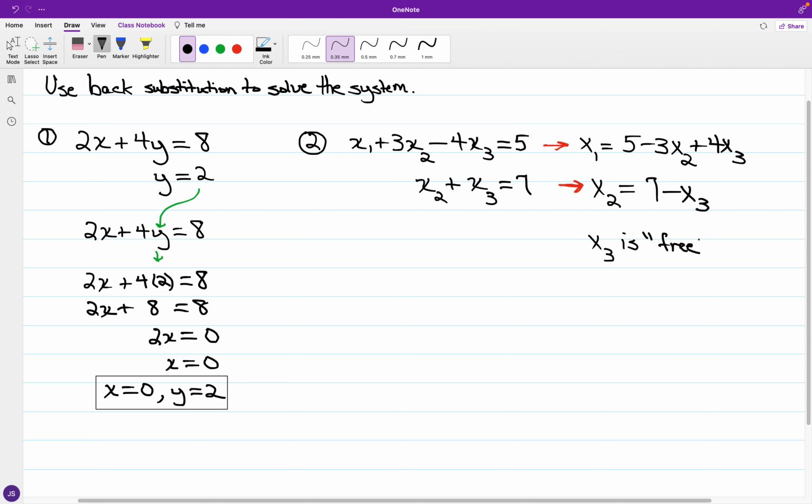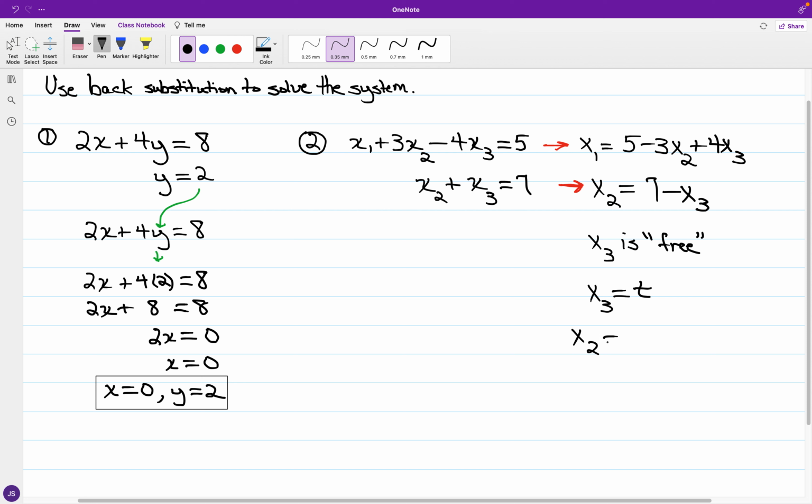This is a bit of a buzz term that we will be using once we cross over to matrices. For a free variable, we'll say that x of 3 is equal to t.